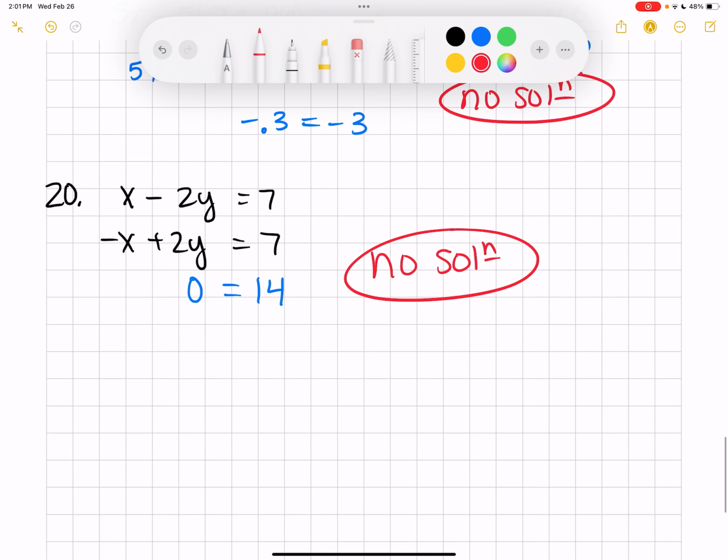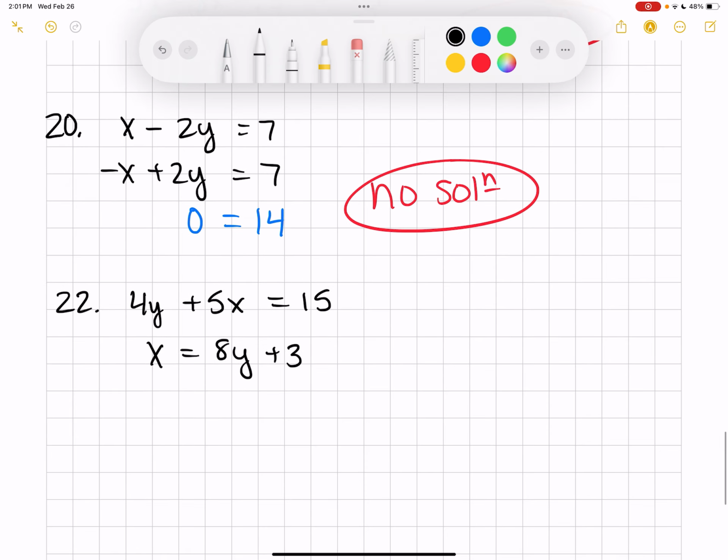Let's see, 22. 4y plus 5x equals 15, and x equals 8y plus 3. Guys, I think we're gonna do a bit of substitution. I'm going to plug this stuff in for x up here. So 4y plus 5 times 8y plus 3 equals 15.